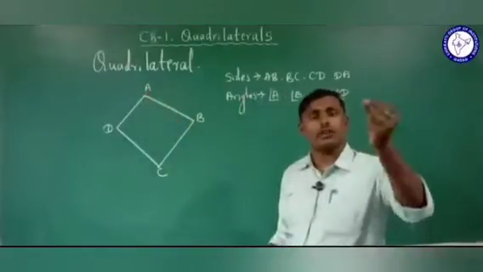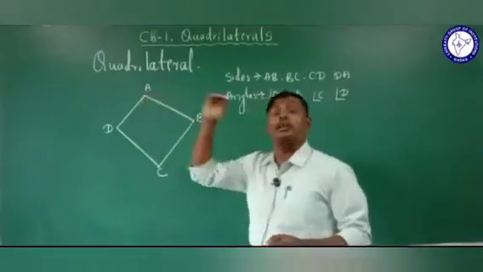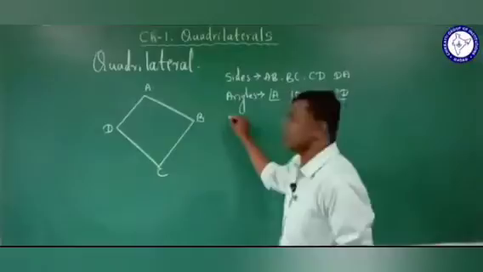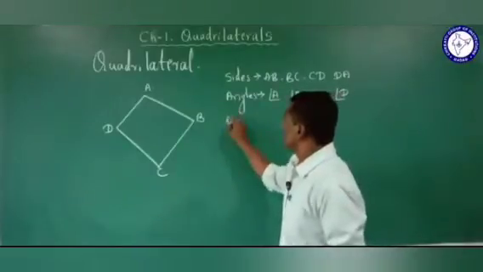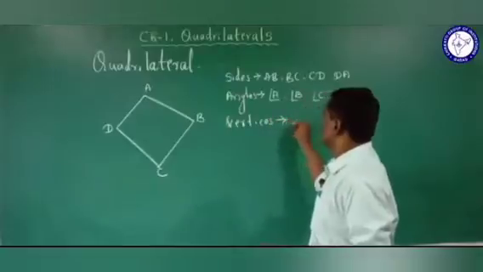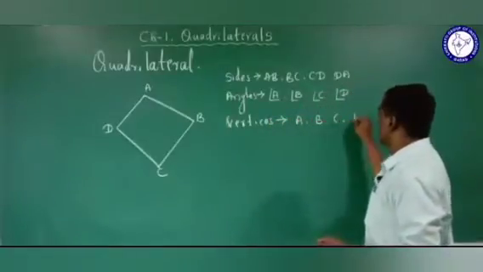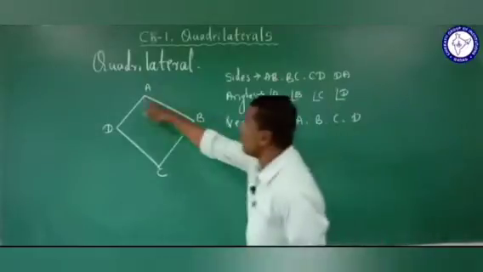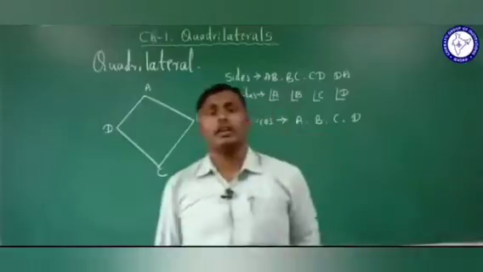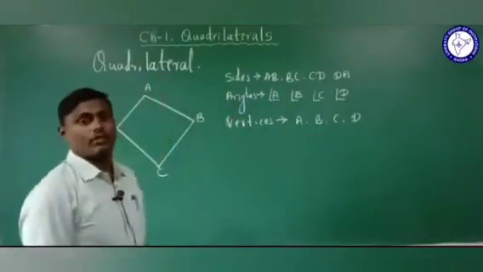Vertices means corner points of the polygon. A is the first vertex, then B, C and D. These corner points are called the vertices of the given quadrilateral.